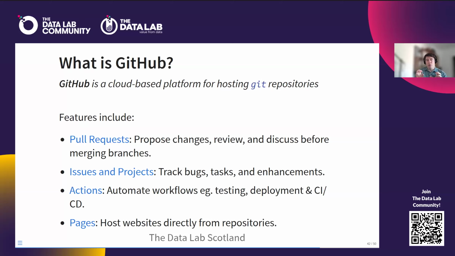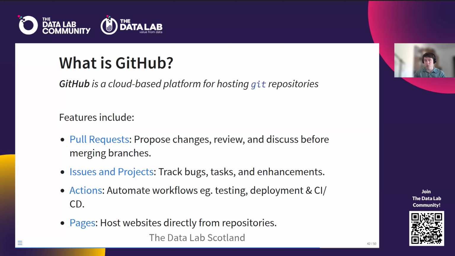We can use pull requests as part of that merging process to engage with other people in our team to talk about the work that we've done on a particular task, and we'll touch on that in a wee bit. Issues and projects are another really cool feature of GitHub and other tools, and these are essentially a way by which we can document the tasks or issues that we have with our code base.